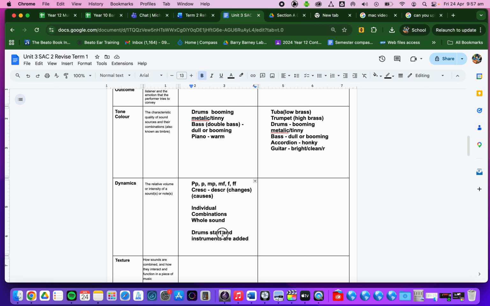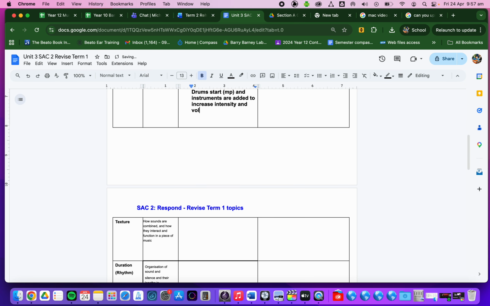So you might say drums start at mezzo piano and instruments are added to increase intensity and volume to forte, if that's what you believe.